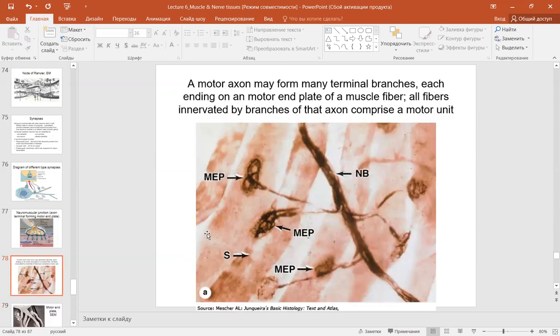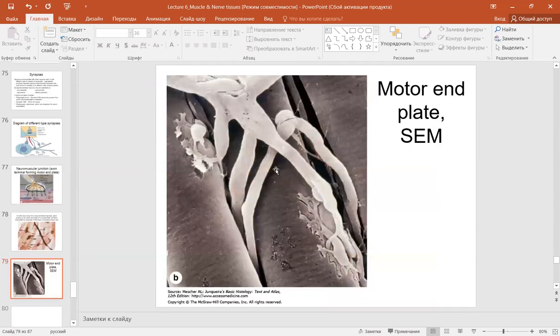Here the motor axon may form many terminal branches, each ending at the motor end plate. Here you have the motor end plate, sarcoplasm, motor end plate, the nerve fiber. All fibers innervated by branches of the axon comprise a motor unit. So this is the motor unit for several muscular fibers.